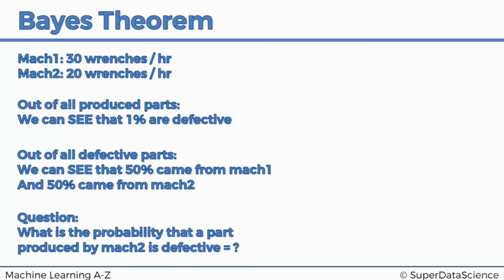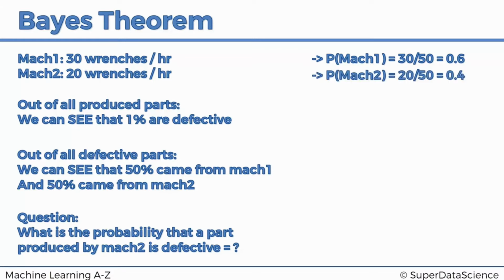And that means the probability of any given wrench that you pick up from the pile, whether it's defective or non-defective, coming from machine 1 is 30 divided by 50, or 0.6, or 60%. Similarly, the likelihood of that wrench being from machine 2 is 20 over 50, or 40%. All right, great. So we're going to write those down and keep them there for now.